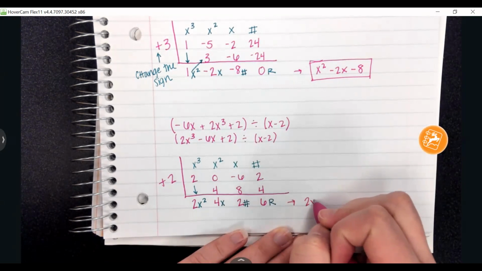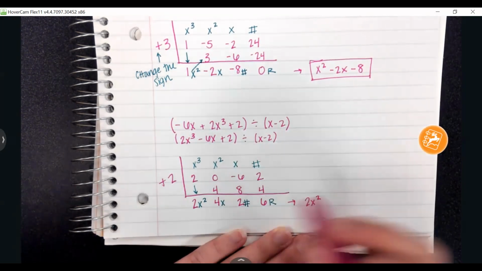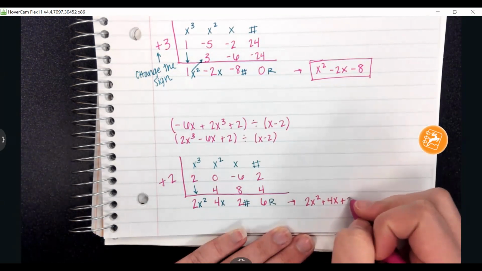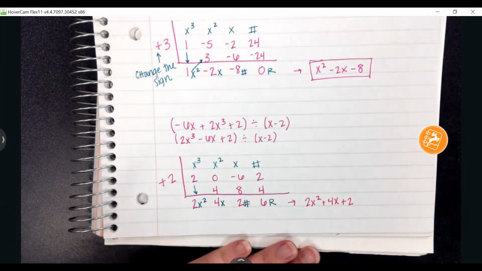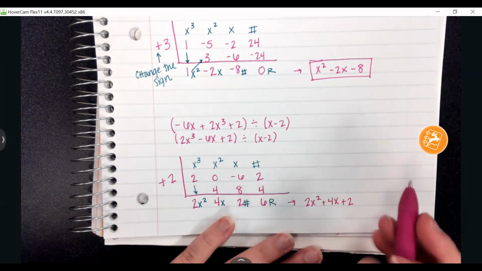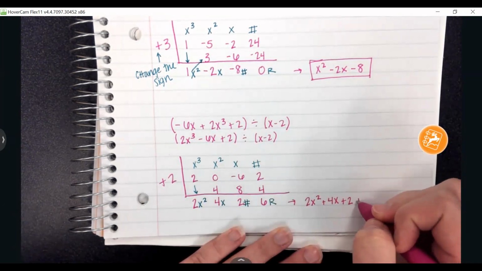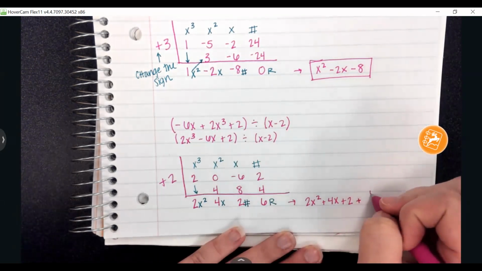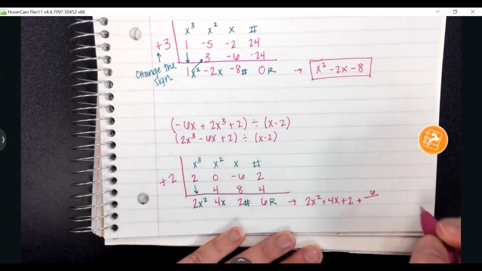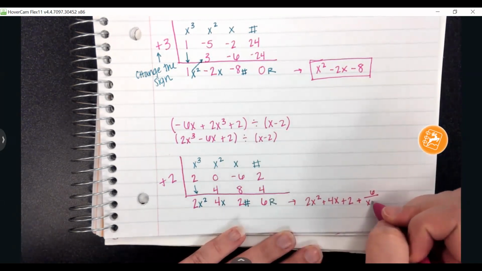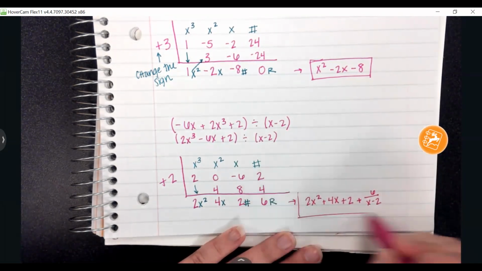It'll say 2x squared plus 4x plus 2. And then how do I write my remainder? The same way we did for long division. Since it's a +6, it's going to be +6 over x minus 2, because that's what I was dividing by in my problem.